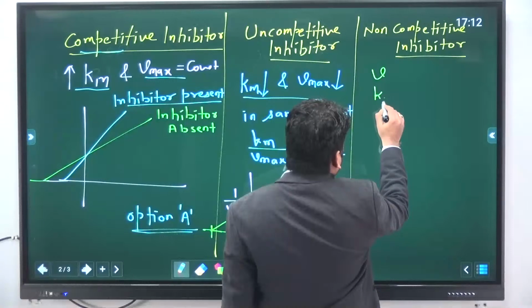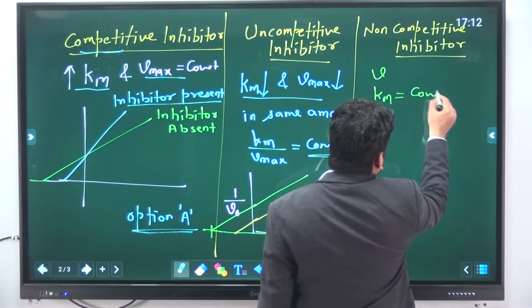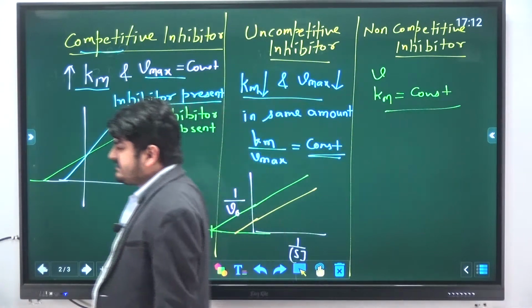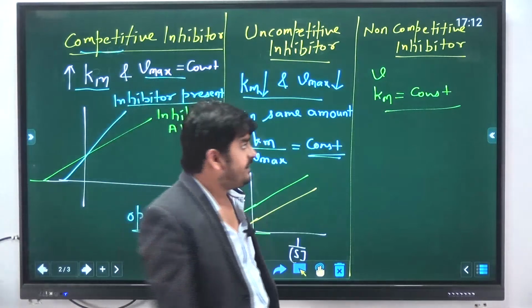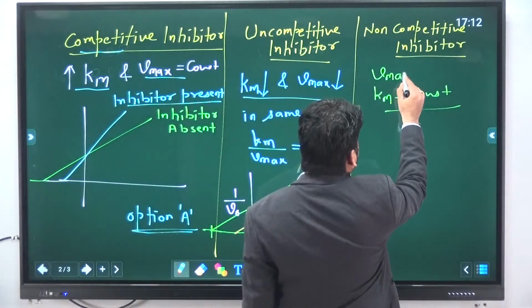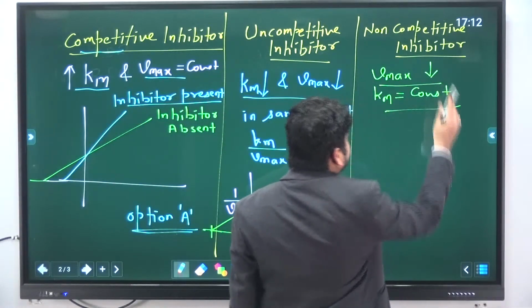The value of Km will remain constant, and the value of Vmax will decrease.